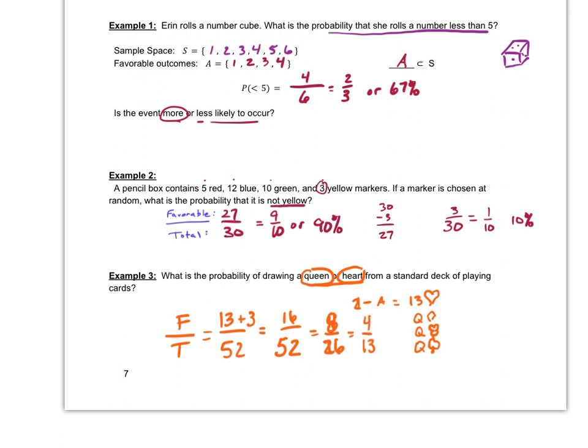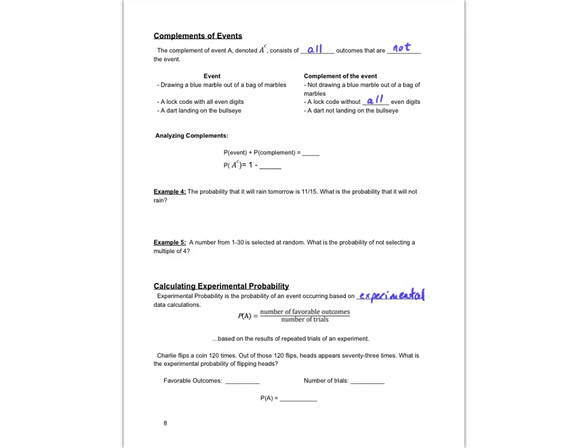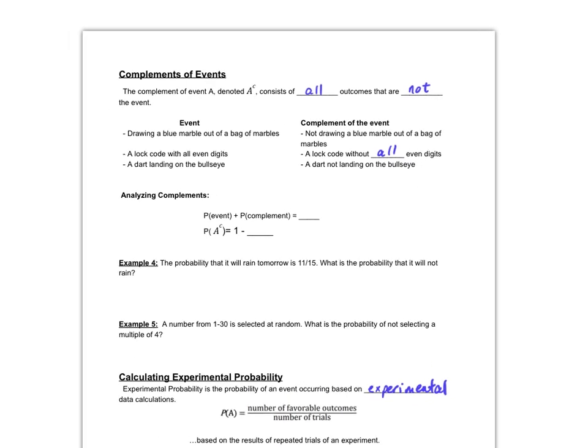And continuing on, it looks like it simplifies down to 4 over 13 probability, or approximately 31% chance. So there you go, 31% probability that we would pull one of those 16 cards out of a standard playing deck. Now, talking about the complements, that's what I was getting to just a moment ago.